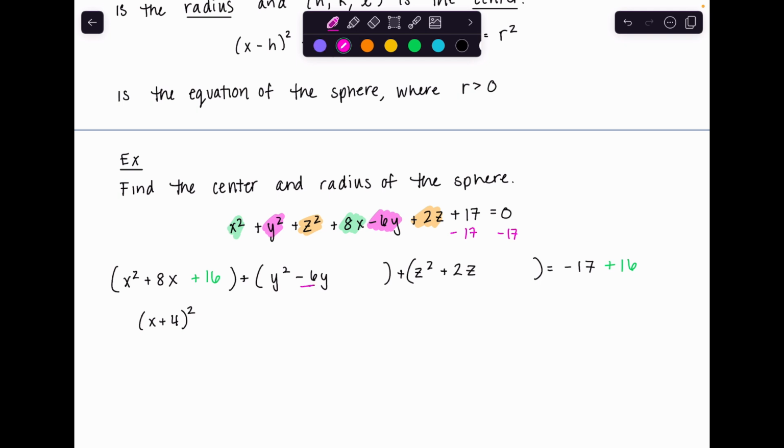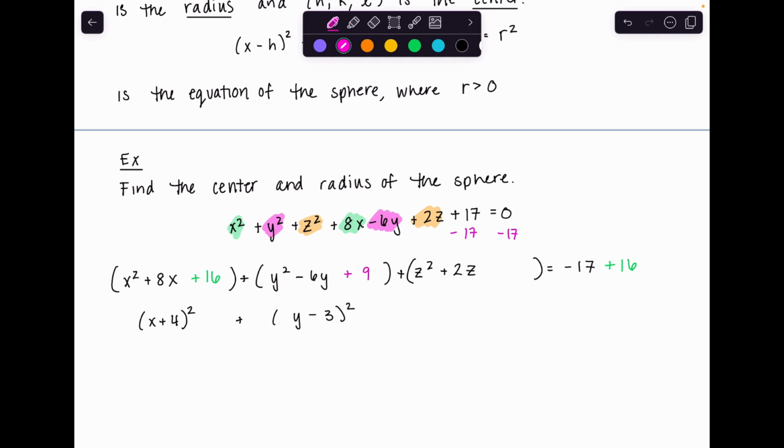Now here for the y component, again, it's going to depend on this number. So negative 6 cut in half is negative 3. When I square that, I need to add a 9 here, because that makes this y minus 3 squared. And again, you could set it up just as you're FOILing, or unfactoring this and reversing that FOILing process.